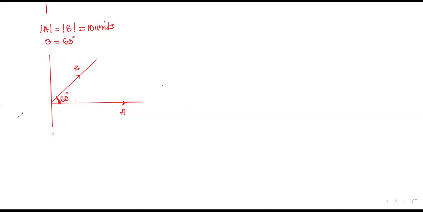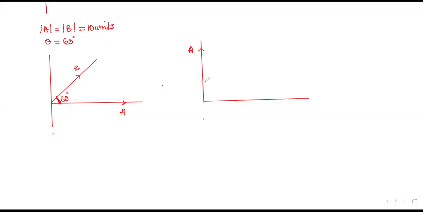I can also choose to place my other vector on the y-axis. So there are two other possibilities. The other possibility is that I can choose to put B here along the y-axis, and A is here. The choice is mine.